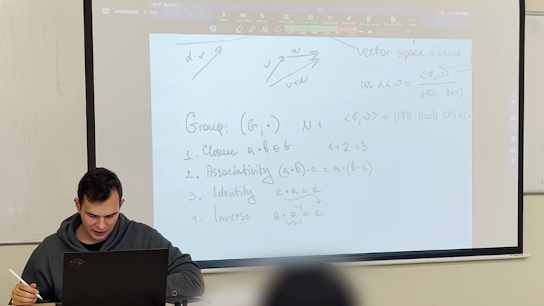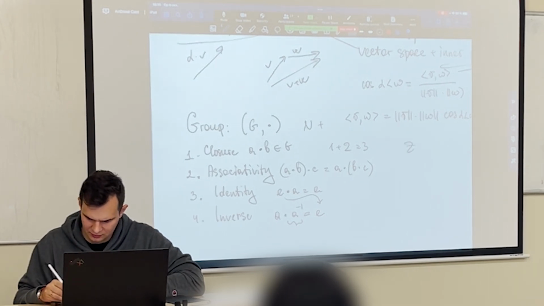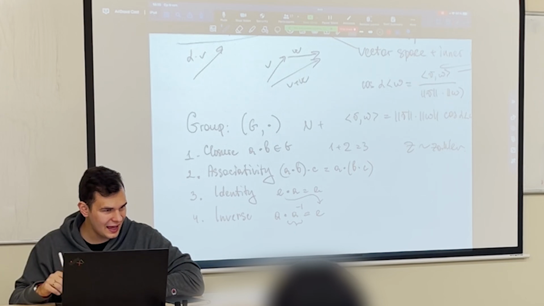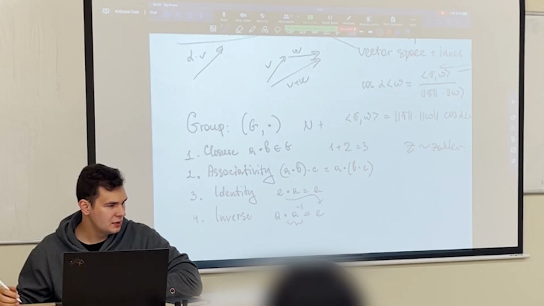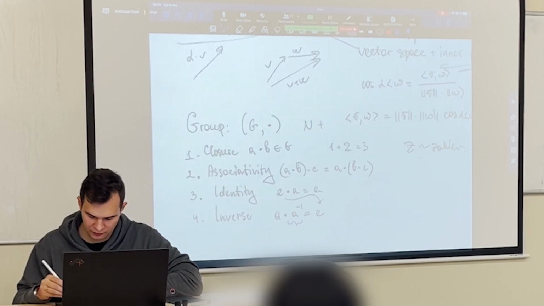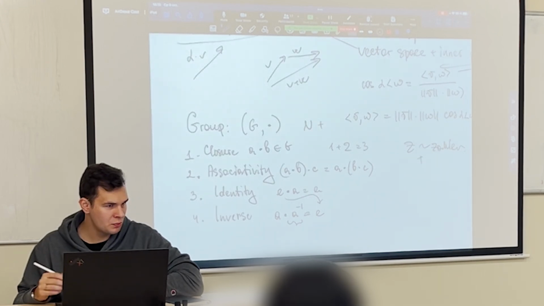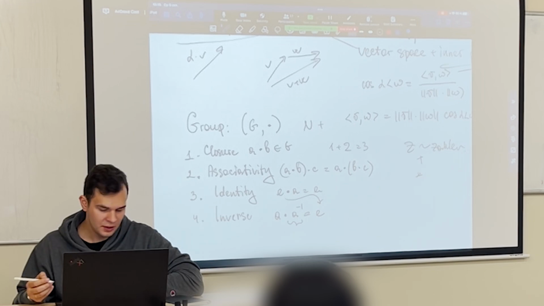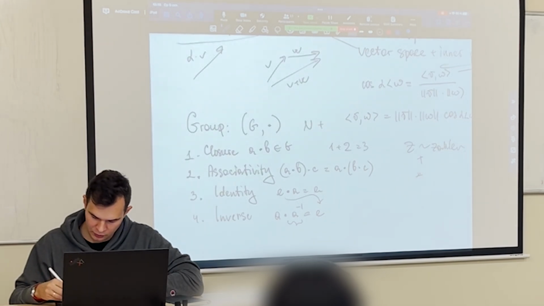So if you have Z, it's called from German Zahlen, it has negative numbers. So with the operation of plus, of summation, it will be a group. But with the multiplication, it won't be. So this is the idea of the group.